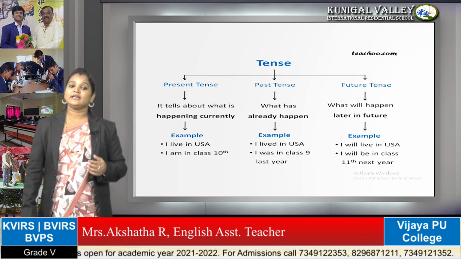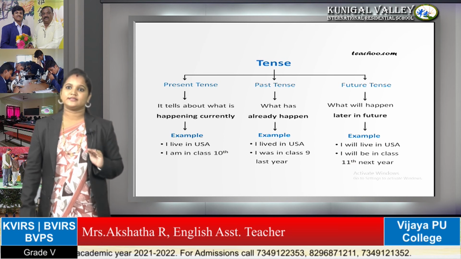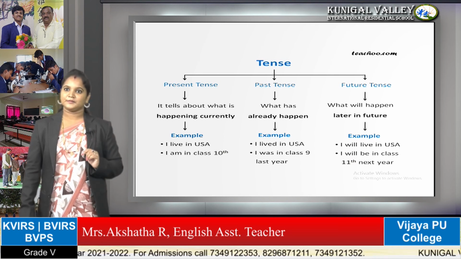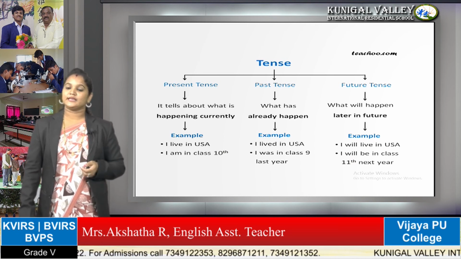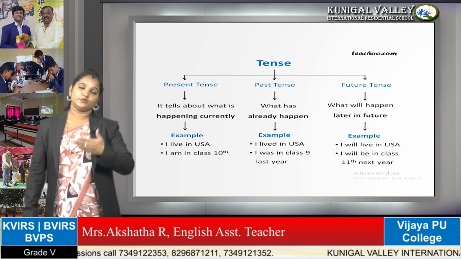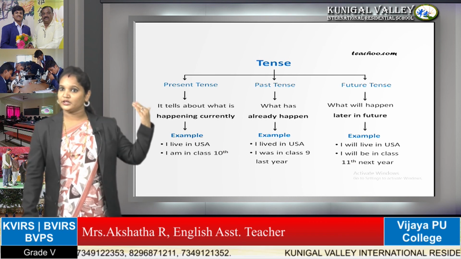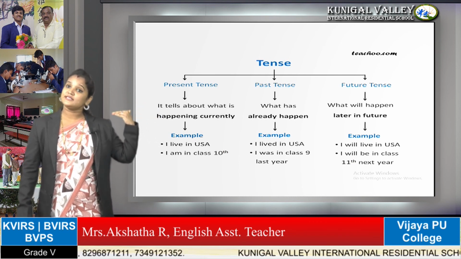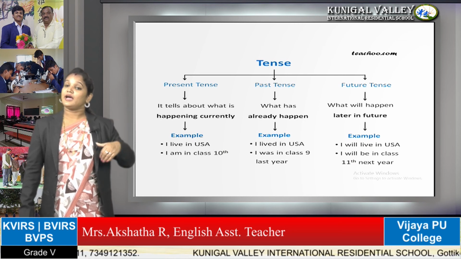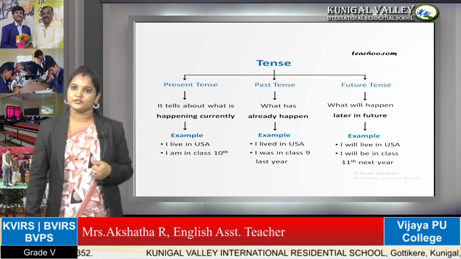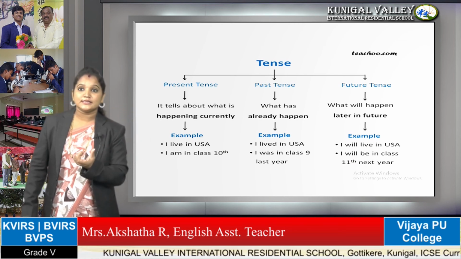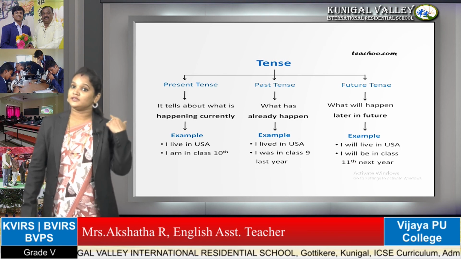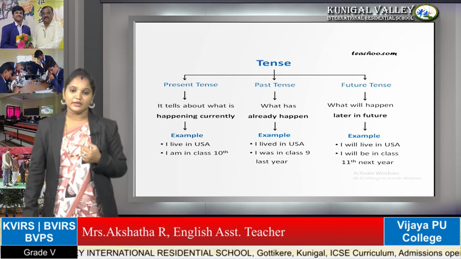Second example, you can say, I am in class 10th. Now, at present, I am in class 10th. If you are talking about the previous year, you can say, I was in class 9th last year. The word was says where you were last year. It's your state of being.